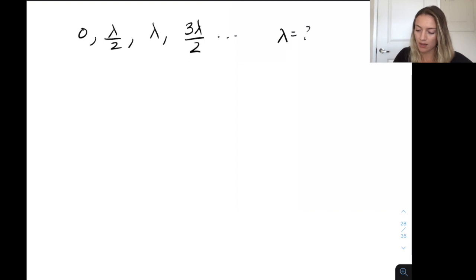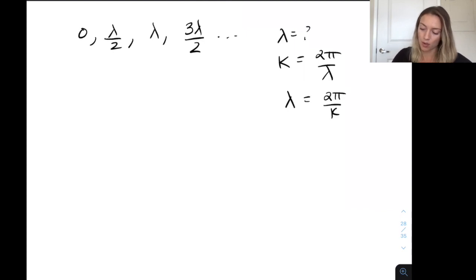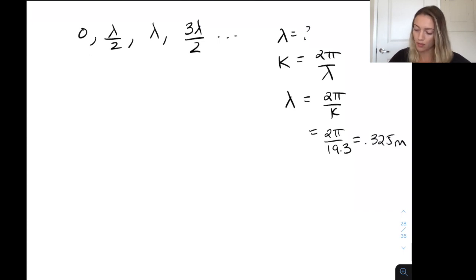Remember, k is equal to 2 pi over the wavelength. That means the wavelength is equal to 2 pi over k, which is 2 pi over 19.3, and that gives us 0.325 meters. So our wavelength is 0.325 meters. Now let's plug that into these equations and find our nodes.